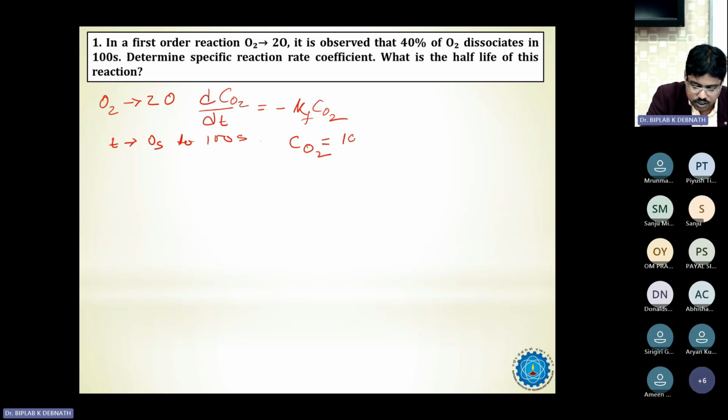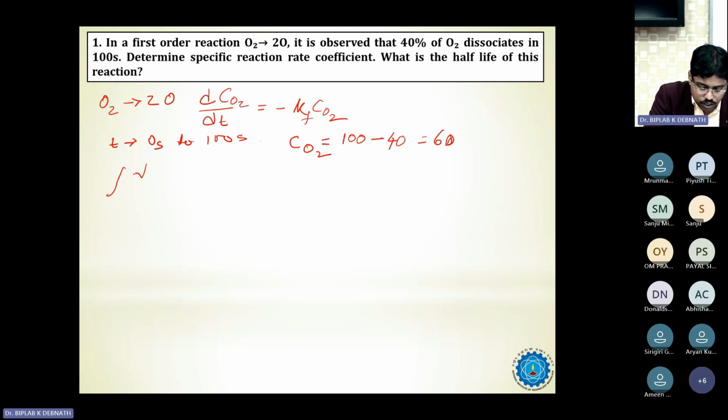So how much is remaining? Remaining is 100 minus 40, so 60 units of oxygen is still remaining. Then we can write this particular equation and do the integration.